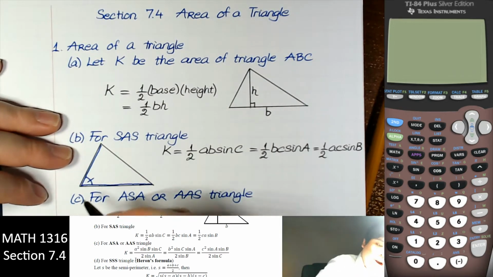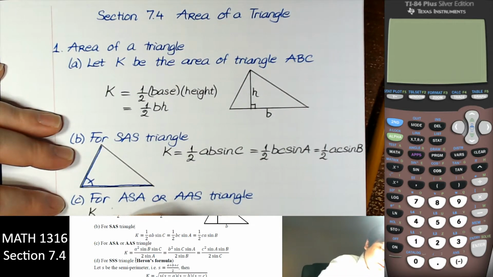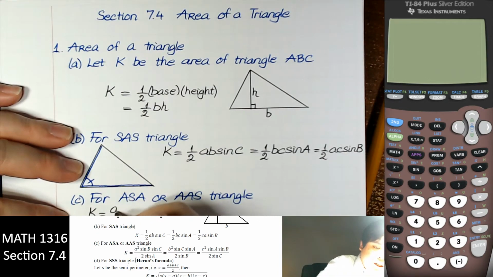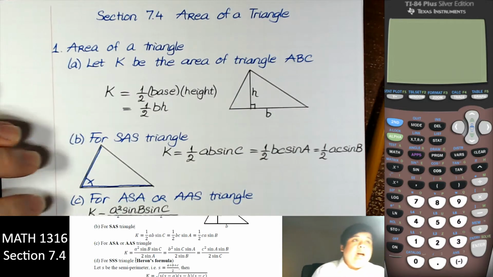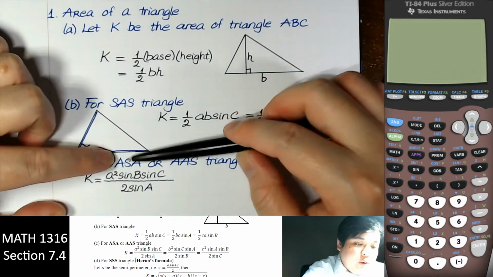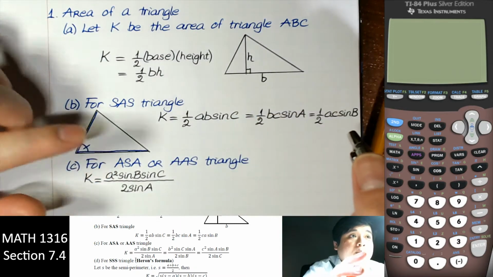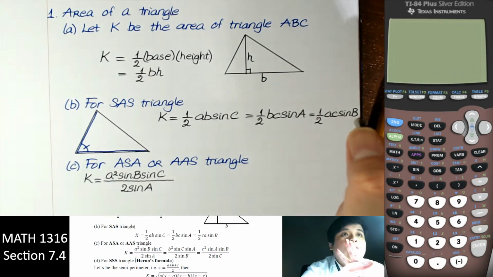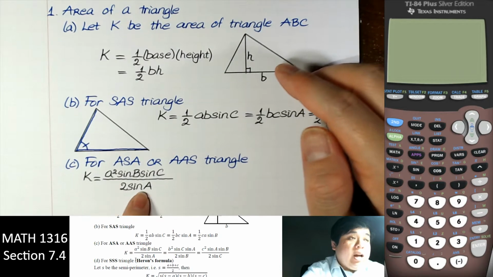In this case, we have K equal to a squared sine B sine C over 2 sine A. Notice that in a triangle, if we know two angles, then obviously we'll know the other angle as well. So in this scenario, we have all three angles. So that's why we have sine B sine C over 2 sine A, so a squared over sine A.